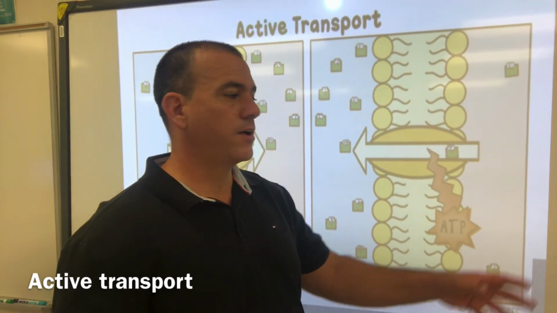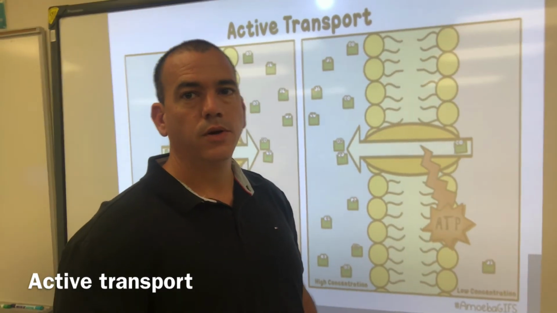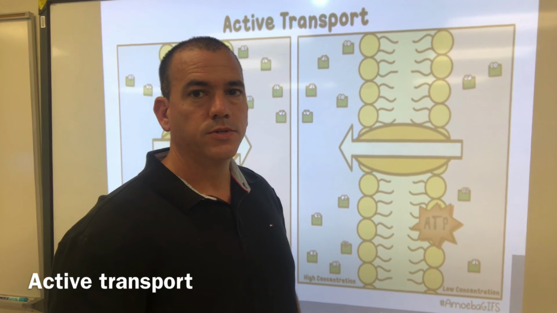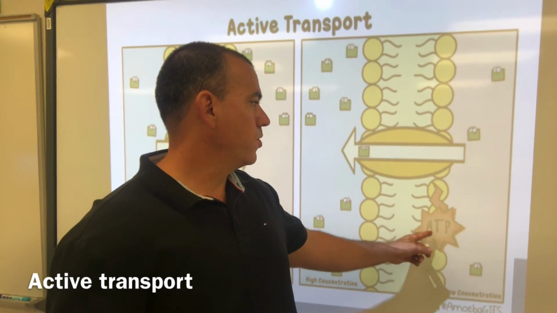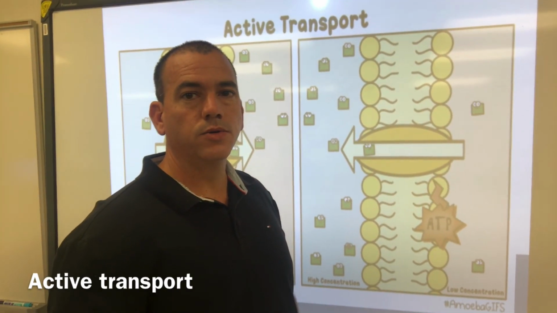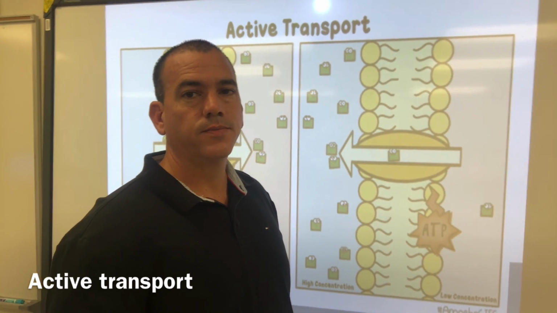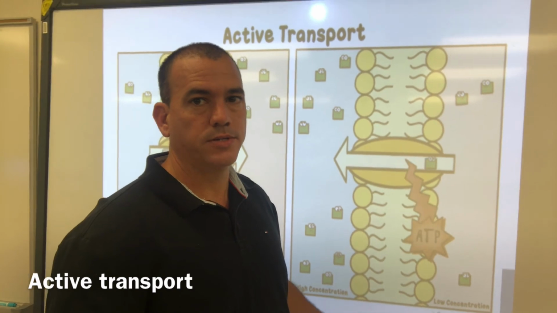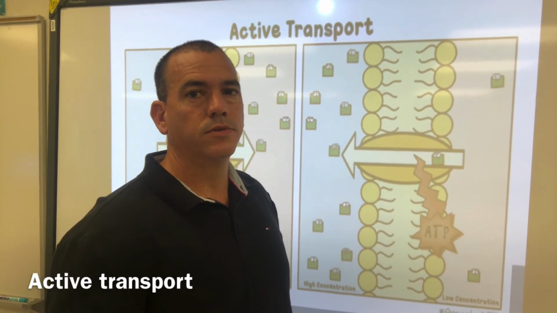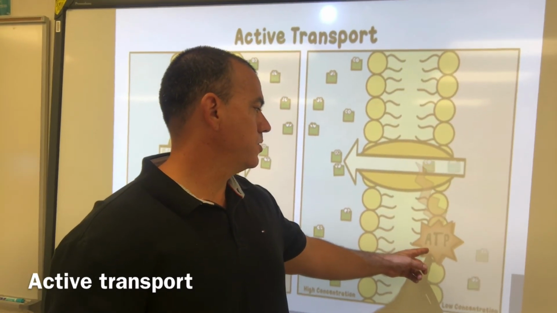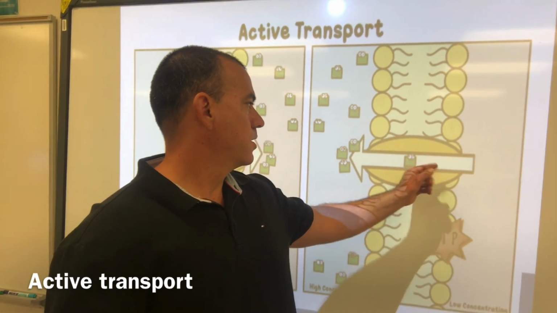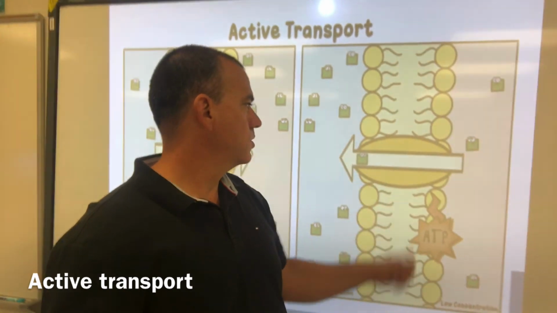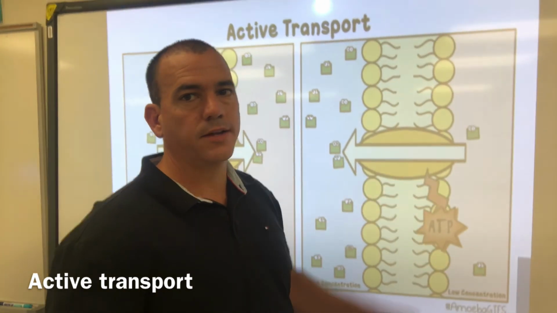How does a vacuum cleaner force air into it? Well, it uses energy, usually from electrical energy. So again, active transport, transporting molecules against a concentration gradient using energy slash ATP, because ATP is energy. If you see a picture of ATP and the molecules moving across, you know that's active transport.